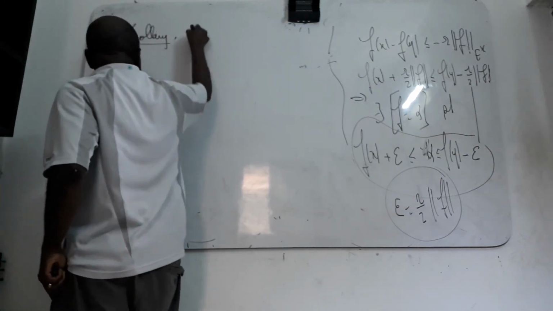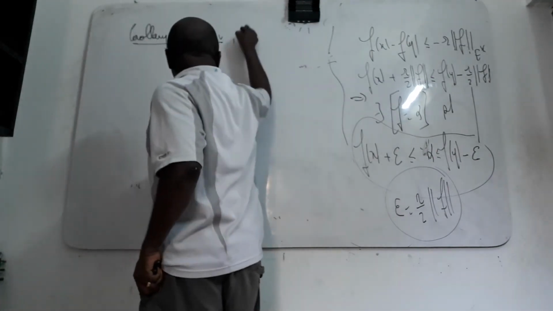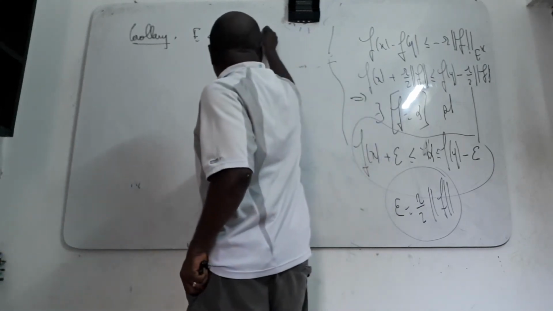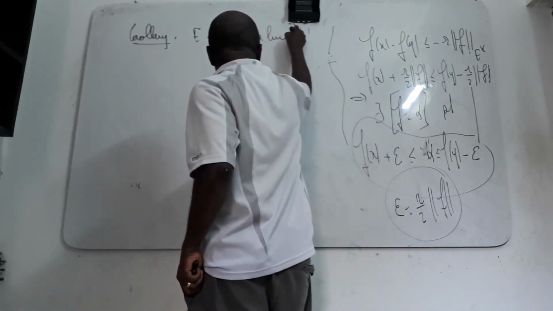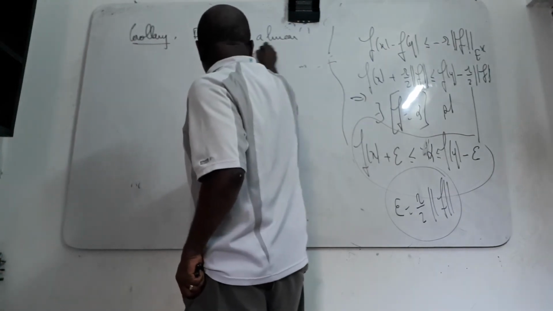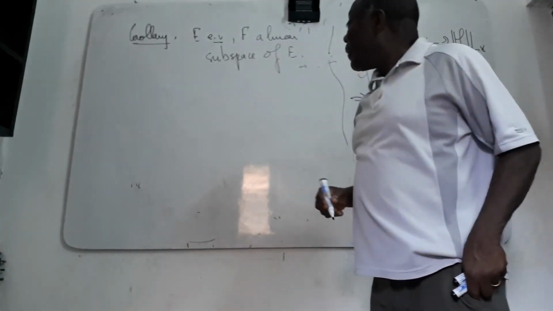We suppose that E is also a vector space. I take F, which is a linear subspace of E.